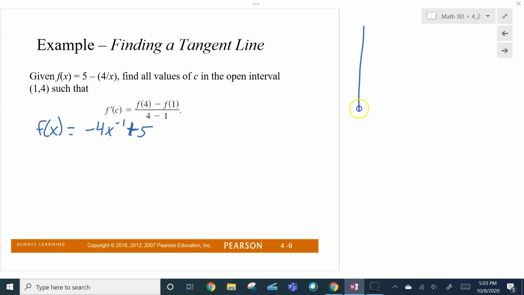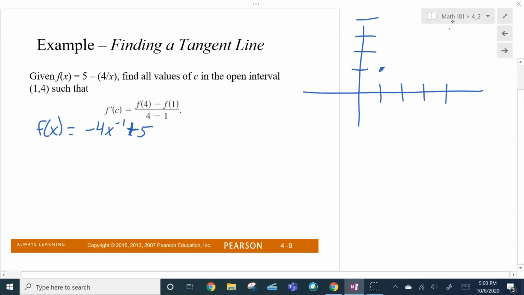Let me kind of get a picture of this thing. If I plug 1 into the function, 5 minus 4 over 1, I got 1. So I have 1, 1. I plug 4 in, 5 minus 4 over 4, I got 4.